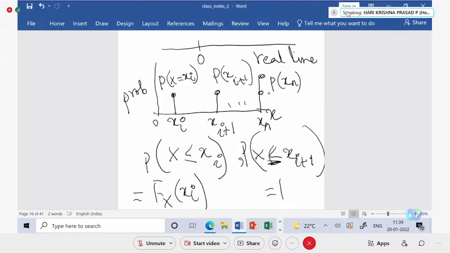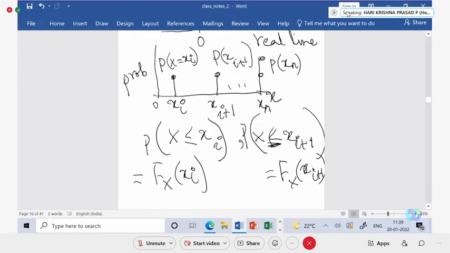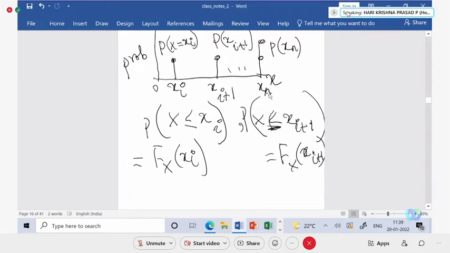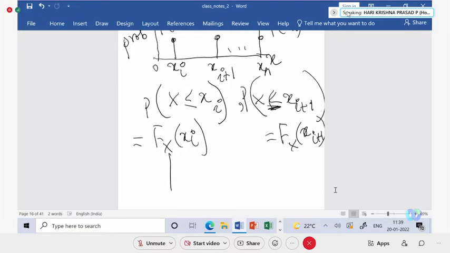Here it is referred to as the probability distribution function F_X of xi plus 1. Is it okay? How does the probability distribution function appear for this case? When x equals xi, consider x slightly on the lower side of xi.